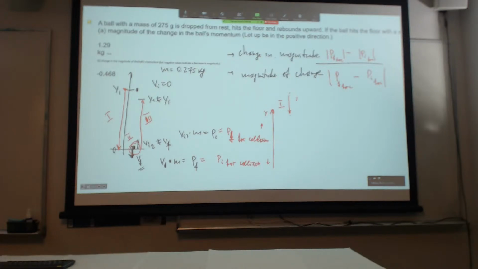You could apply expressions for law of conservation of energy. That's what I'm going to do. Mechanical energy, or you could have used equations for free fall motion with constant acceleration. But the energy does it faster. Initial energy is potential only.